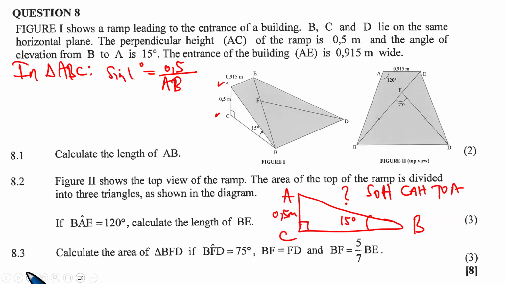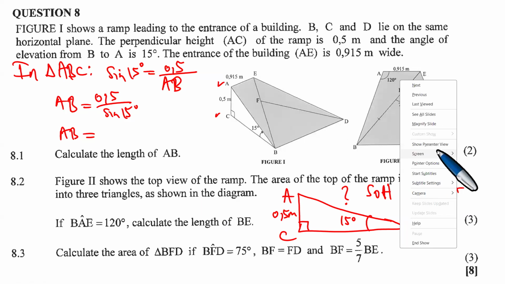And then now we continue to find AB, so that AB is the same as what? 0.5 divided by the sine of 15 degrees. Let us use a calculator to get the answer here.